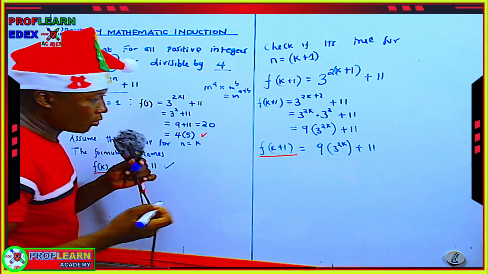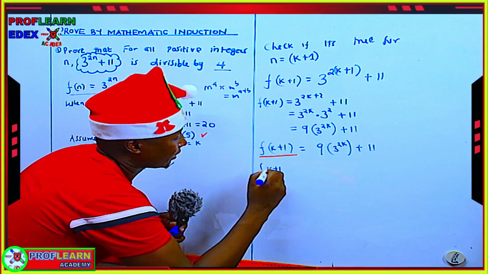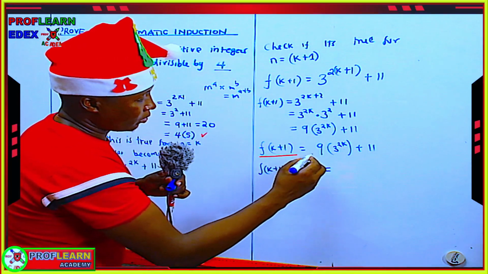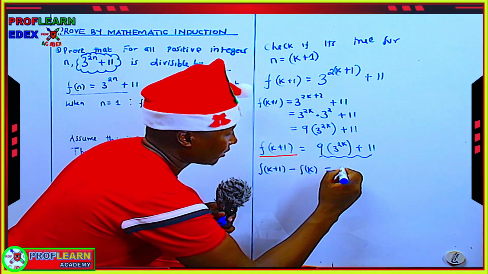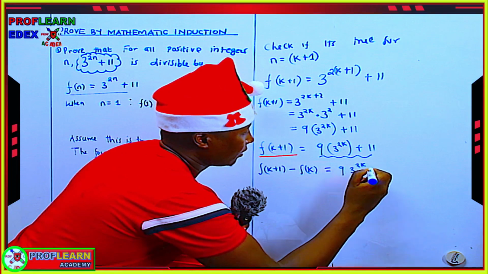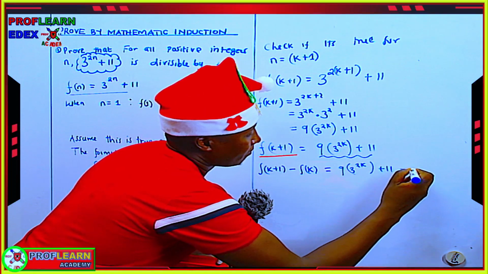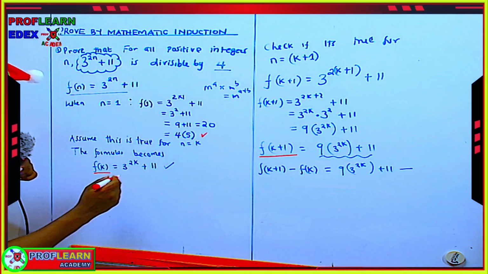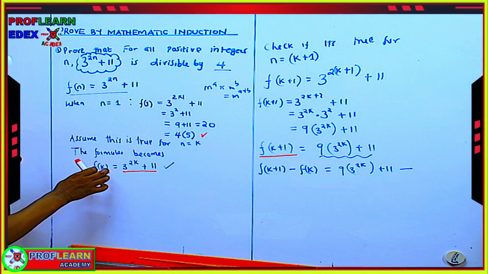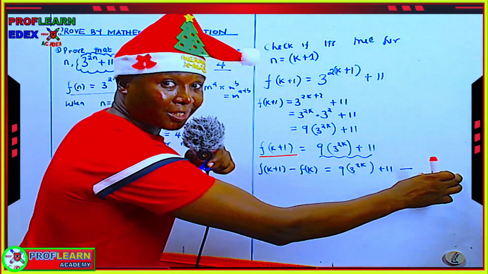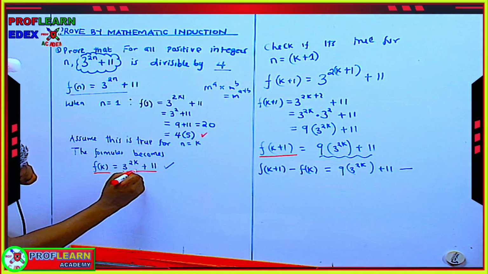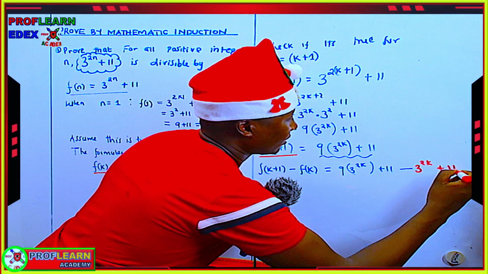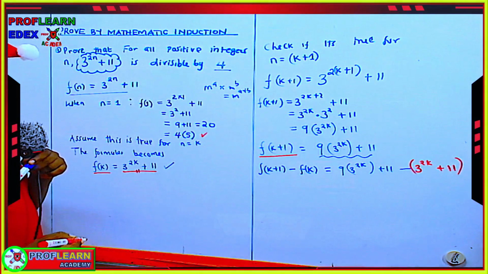So we are going to say f of k plus 1 minus f of k is equal to 9 times 3 to the power 2k plus 11, minus, here we subtracted f of k, but f of k is this. So on the other side, we subtract this part, 3 to the power 2k plus 11.